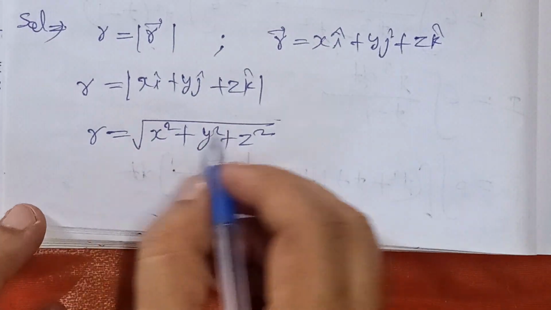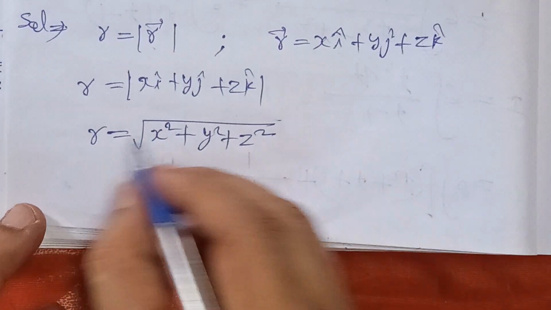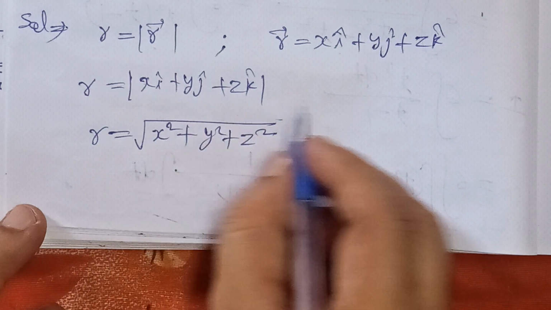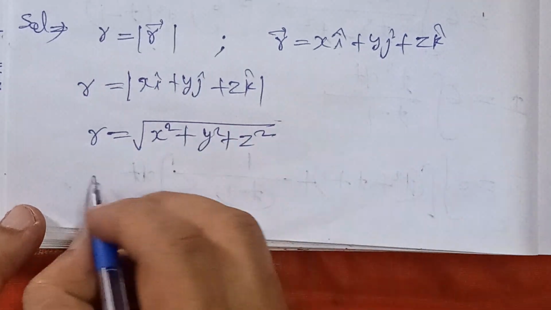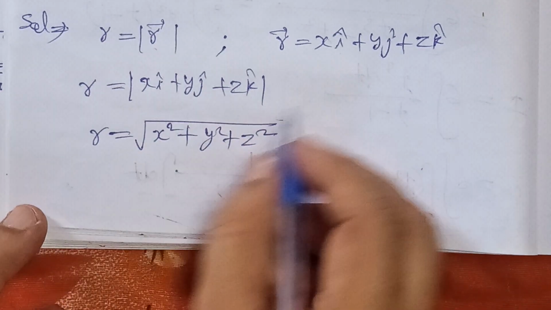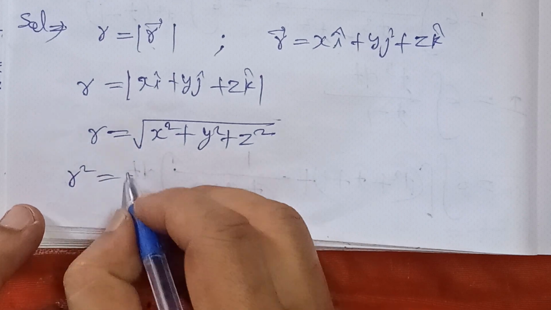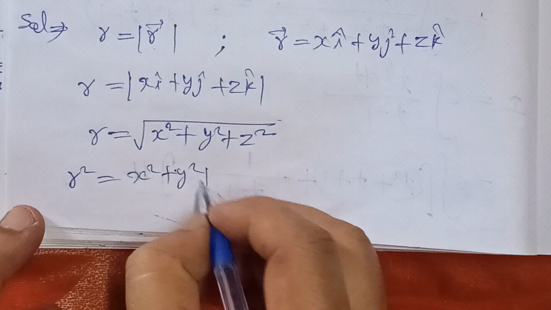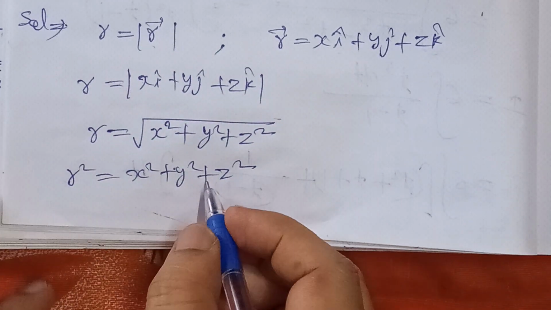On squaring both sides, we can remove this surd. r square is equal to x square plus y square plus z square.